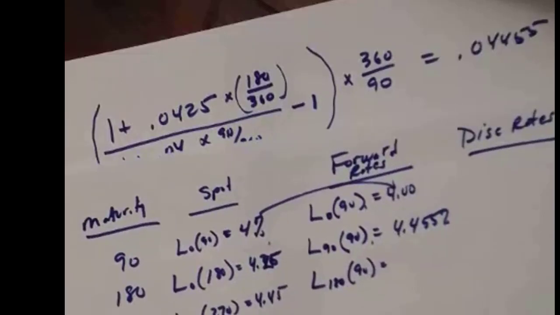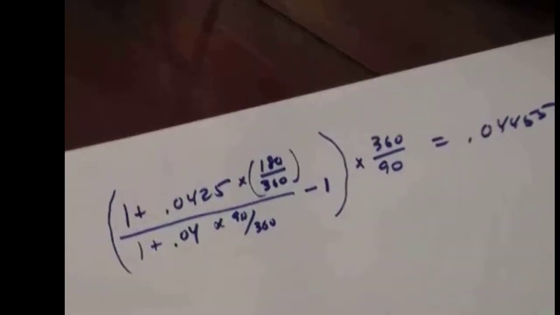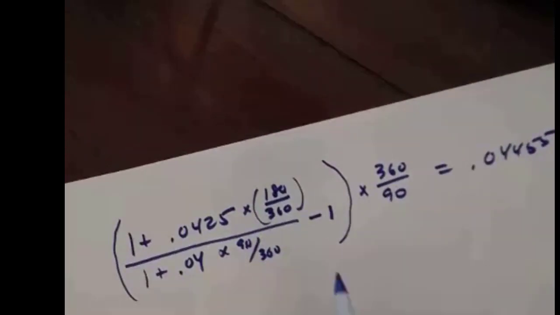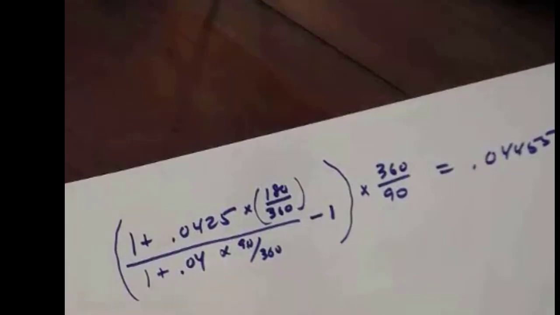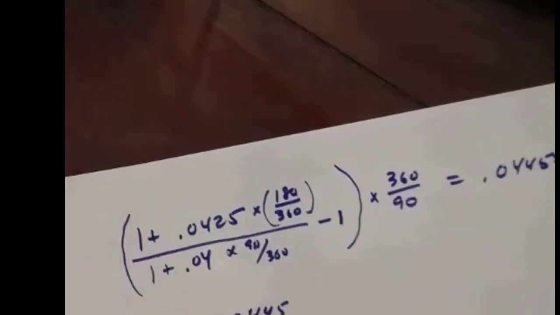Okay, so let's do the math. We're going to take 1 plus this interest rate, 4.45, putting it in decimal form, by the way, and divide it by the 4 1/4.